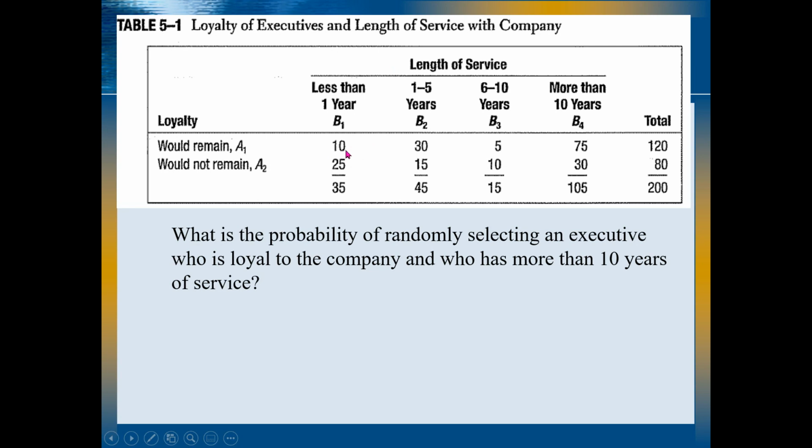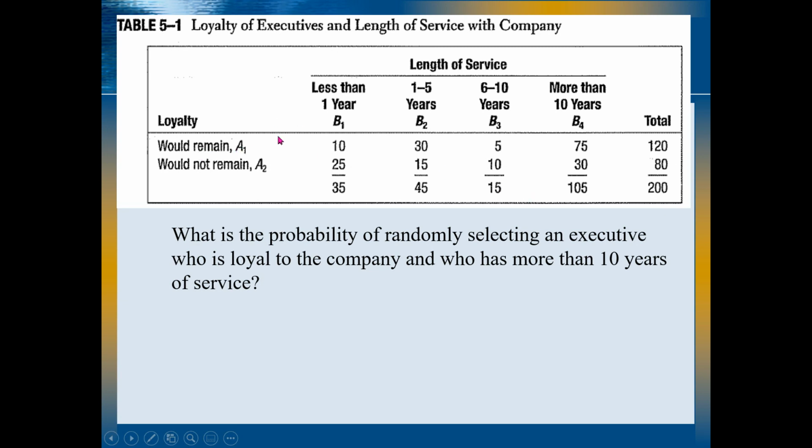If you read this table, there are 10 such employees who are expected to remain loyal while they have less than 1 year of experience, and so on. You can read all these numbers. If I see these totals, 120 divided by 200 is the probability that a person would remain loyal.